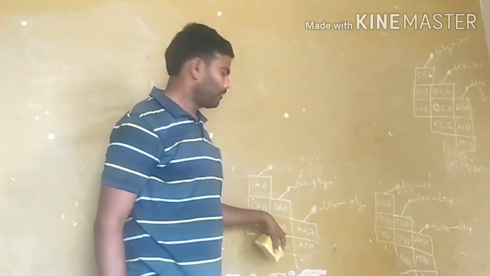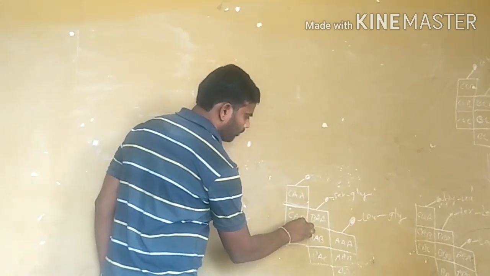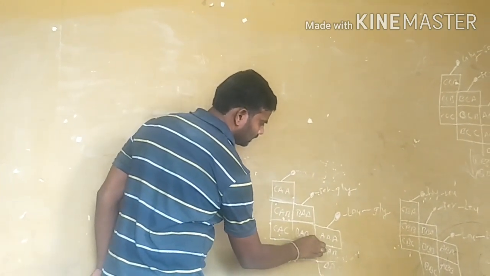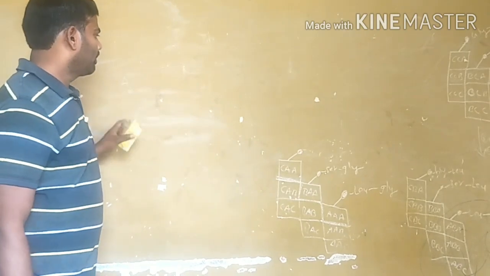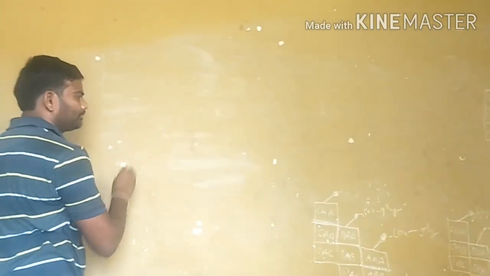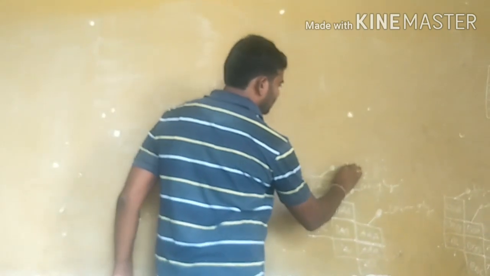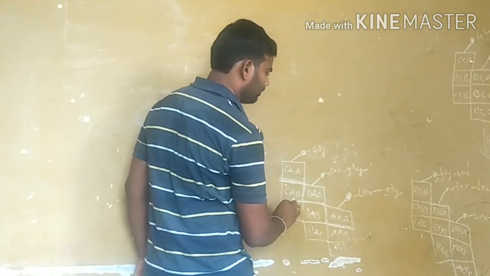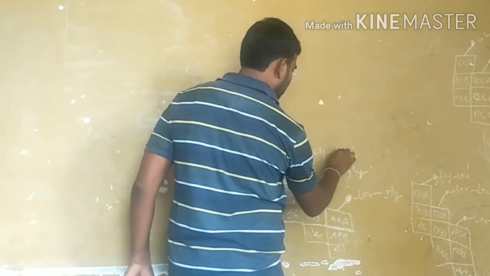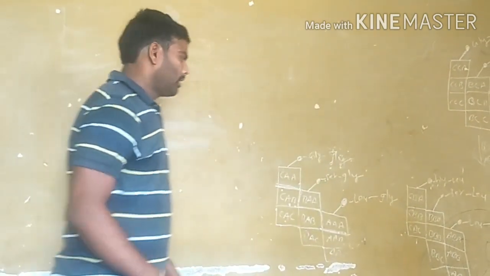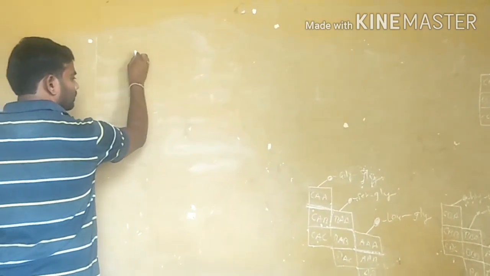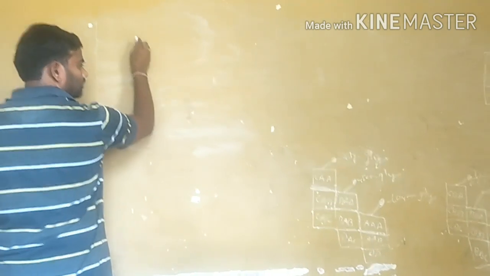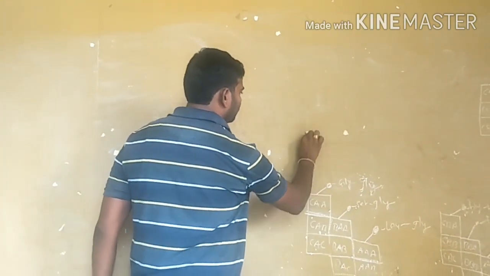Now we are cutting this in the form of rows. In this way we are cutting this. In the next step, this is glycine and glycine. For this one, directly I am writing here.